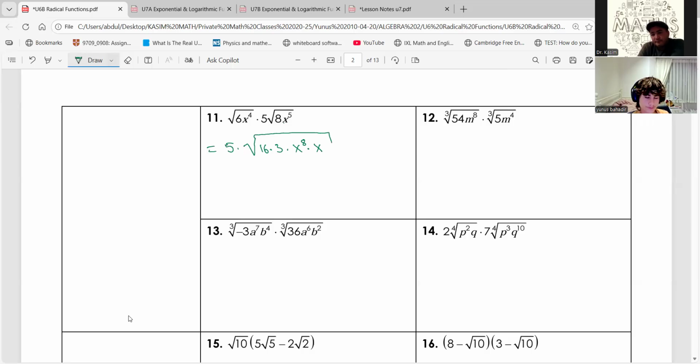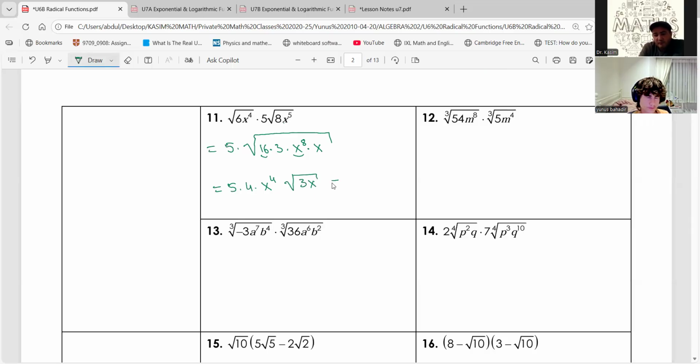Now if you look at this, perfect square, right? So 5 times square root of 16, it is 4. Square root of x to the power of 8, 8 divided by 2, it is x to the power of 4. And the rest stays under the root. Here we have 3x.